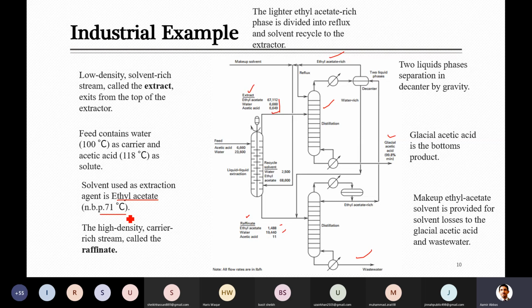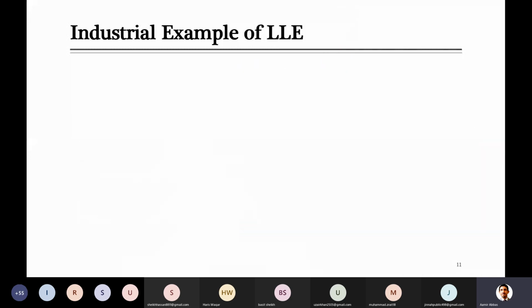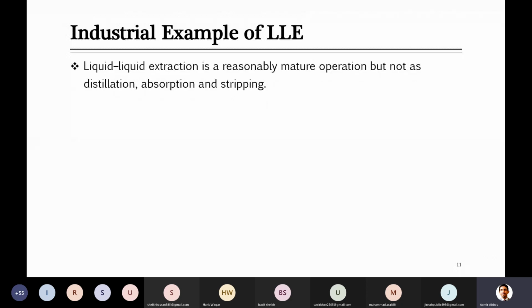Most of the time you have a distillation column, and the components you want to separate are separated into the various products. But when we deal with either absorption or liquid extraction, or later leaching, all these kinds of separation techniques mostly involve some further separations. Due to this, we always try to go with distillation, but if that is not possible, then we look for something else which can be economical.